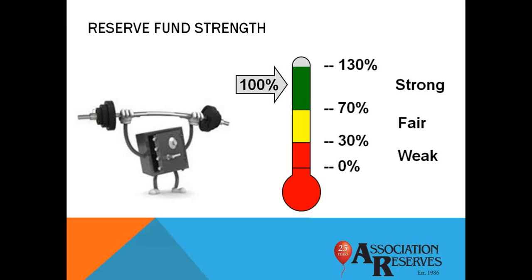They have a high risk of special assessments and deferred maintenance. At the other end of the spectrum, special assessments and deferred maintenance are rare at associations that are 70% funded or above. Everything in between 30% and 70% represents a fair reserve-funded position. Most associations are in this fair range.